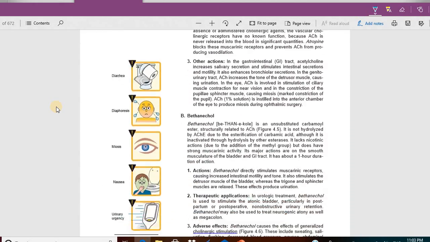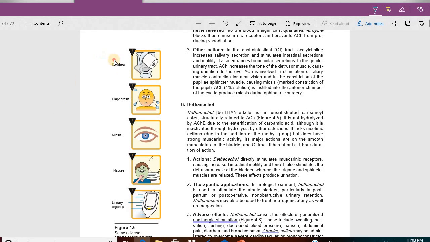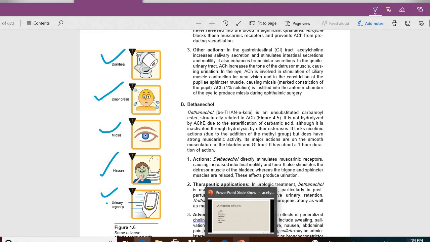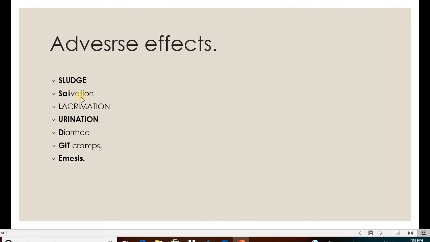You can see here, this is the picture of the diarrhea, then diaphoresis, miosis, constriction of the pupil, nausea, urinary urgency, urination. See, salivation, lacrimation, urination, GIT cramps, emesis. These are the side effects or adverse effects of the acetylcholine.